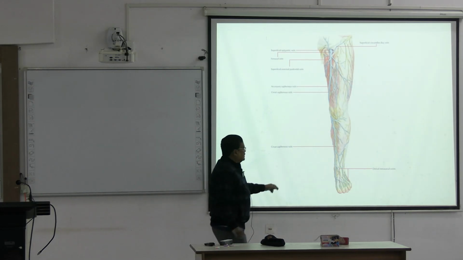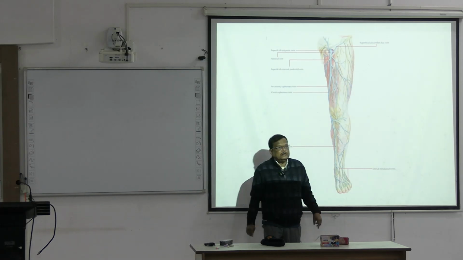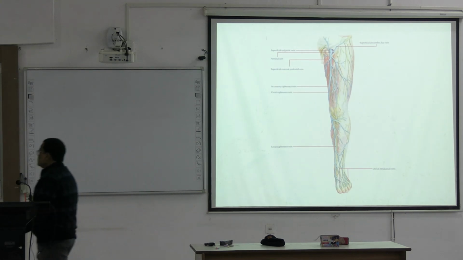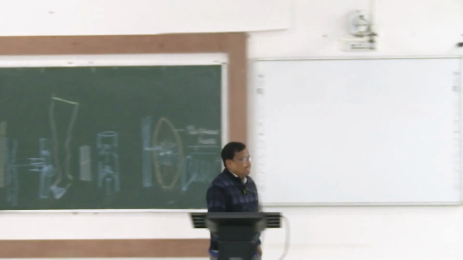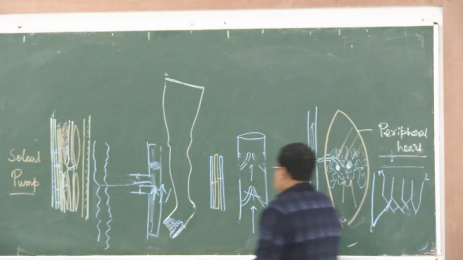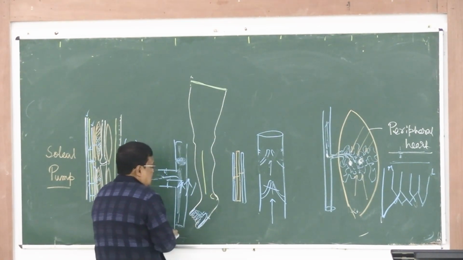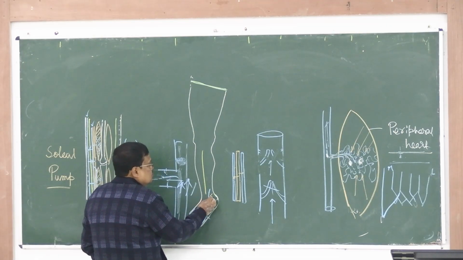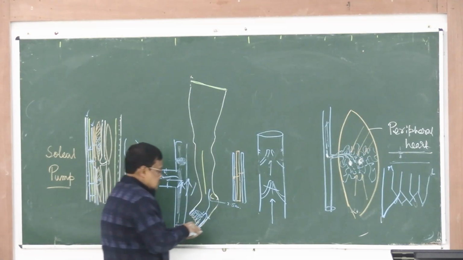How does it go? Then it ascends, passing 2.5 centimeters in front of the medial malleolus. This is the medial malleolus.